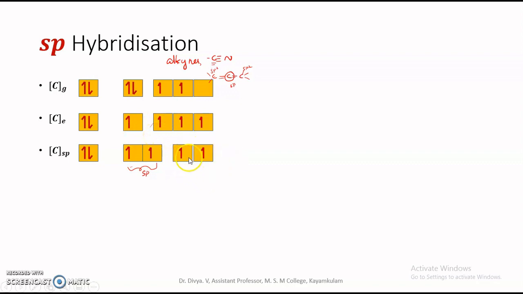Okay, and there are two unhybridized p orbitals. And this is the electronic configuration after hybridization.